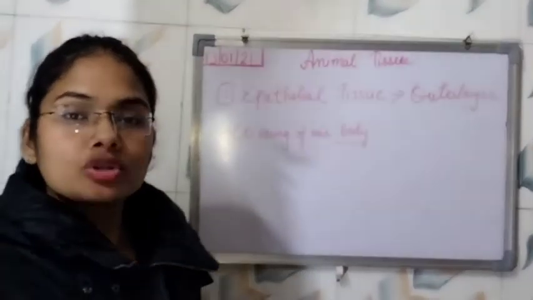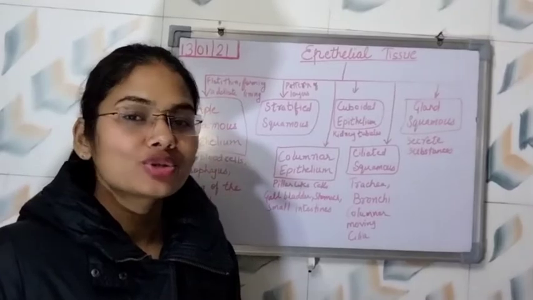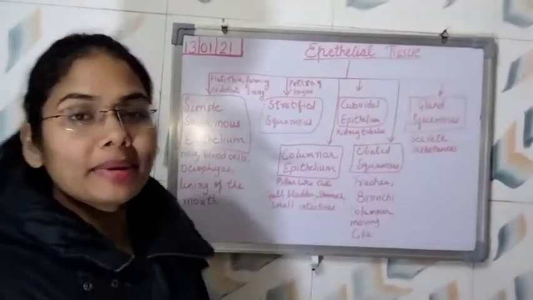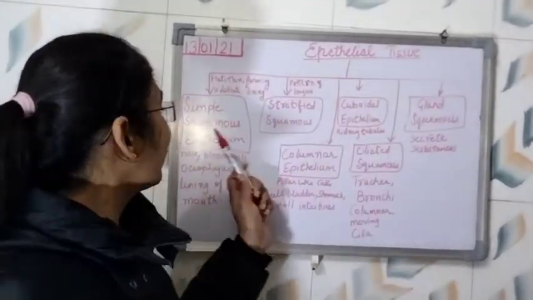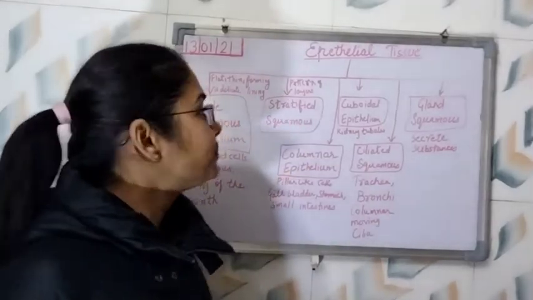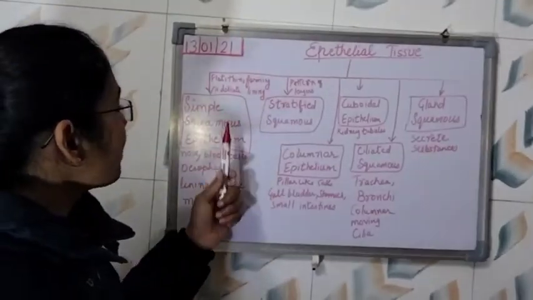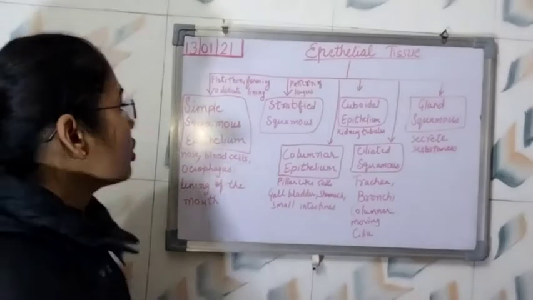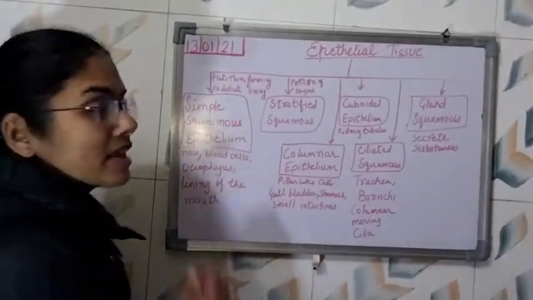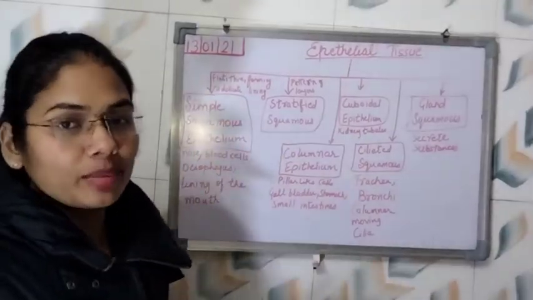The epithelial tissue is divided into 6 parts. The very first is simple squamous epithelium. This simple squamous epithelium is of flat shape.